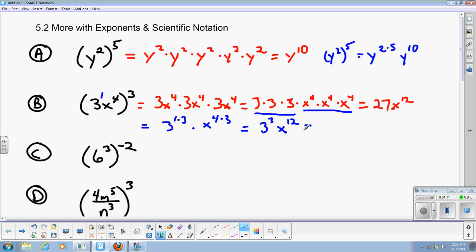And what is 3 to the third? It is 27. So I say 27x to the 12th. Instead of writing it out this long way, I can distribute this exponent to every single factor on the inside. So I did 1 times 3 and 4 times 3. So 3 cubed times x to the 12th equals 27x to the 12th. You can do it either way. This is how the power to a power rule works.